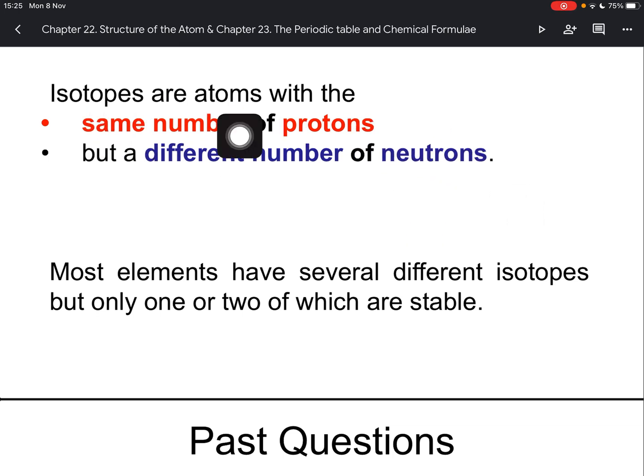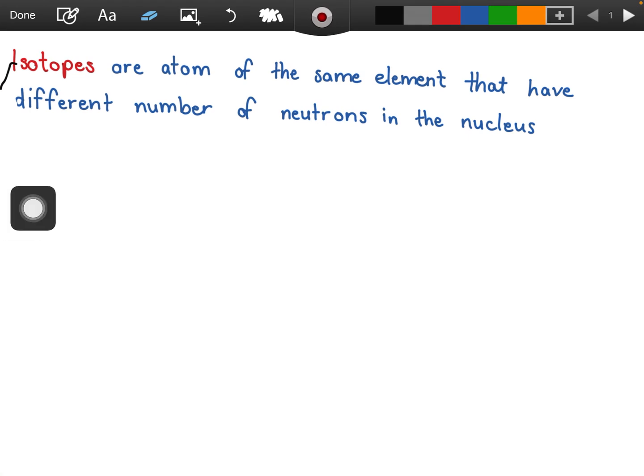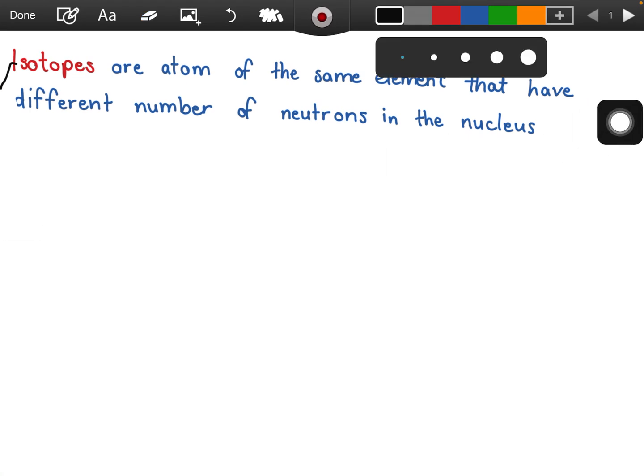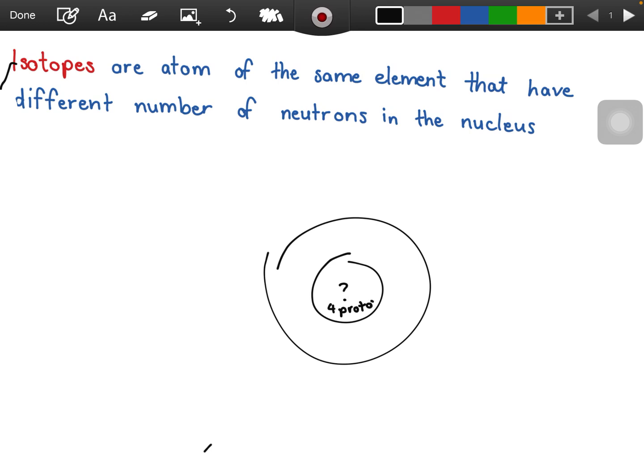It matters that they have the same number of protons because, remember, when we're given an element and we say the same number of protons, what that means is, if I gave you some element and said there are 4 protons, that means there are 4 electrons.